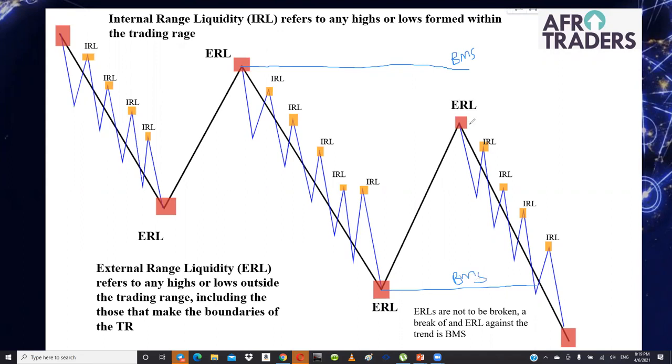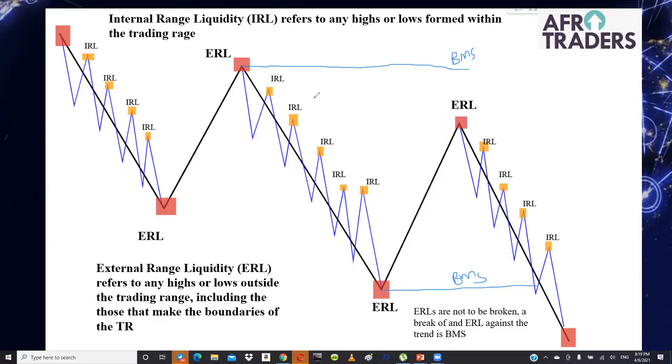Okay, but the meaning or the implication of these two are different. This suggests that we have a continuation. This suggests that this downtrend has ended and that we need what? To start looking for buys. Okay, so external liquidity, external range liquidity are not to be broken, but once they are broken, they suggest two things.